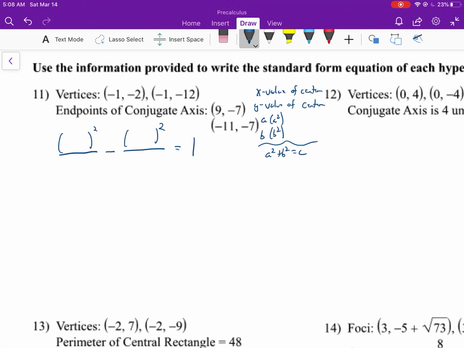So let's go ahead and look at this one. The vertices are at (-1, -2) and (-1, -12).